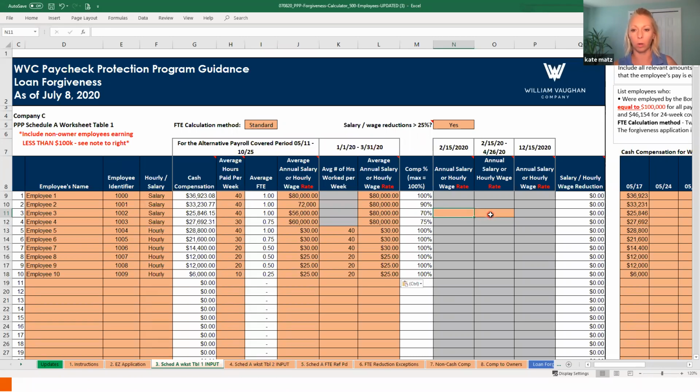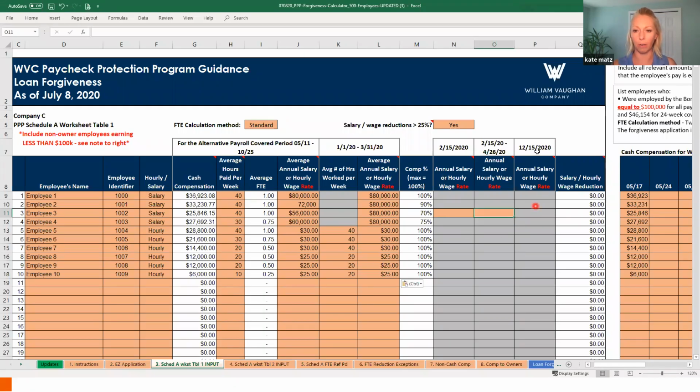Then we look at what was the rate that was in effect from 2/15 to 4/26. And if that decreased, we have the opportunity to bring that back up to the pre-COVID rate by the date that we file our application. And here we are estimating that that's 12/15.